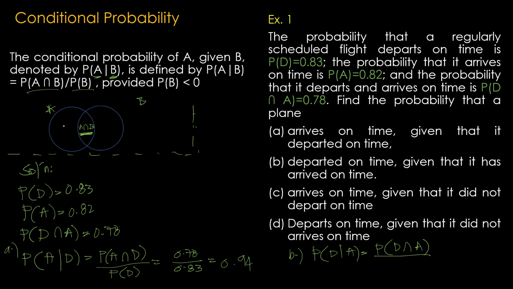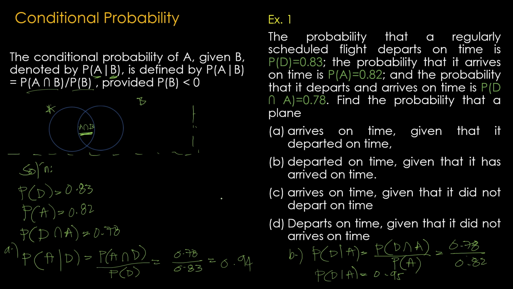Kumbaga, the intersection between A and B and A is just the same. Divided by the probability of A. The intersection of D and A is 0.78, divided by the probability of A, 0.83. Oh no. The probability of A is 0.82 pala, sorry. So that would be the probability of D given A is equal to how much? 0.95. For letter C naman, how will we solve for letter C?